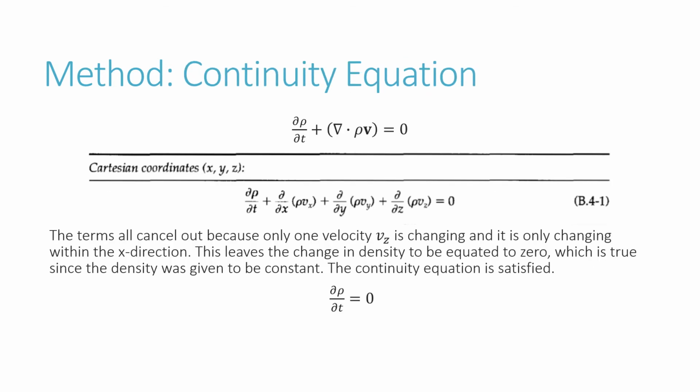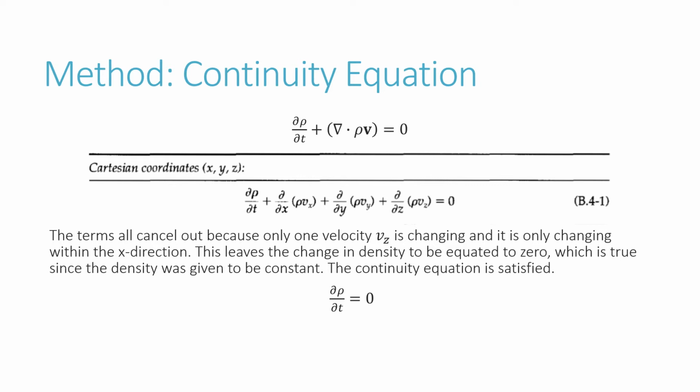The next thing we do is use the continuity equation to see if anything is useful from it. In this continuity equation in Cartesian coordinates, all of the velocity terms cancel, and Vz is not changing with the z direction, so the d by dz term cancels out because it's only changing with the x direction.